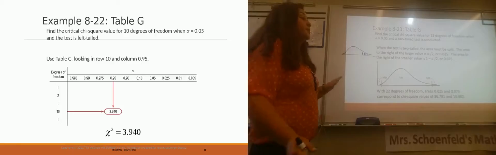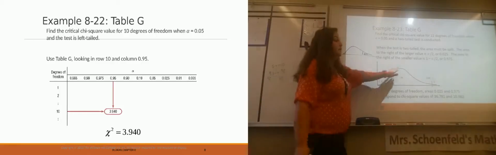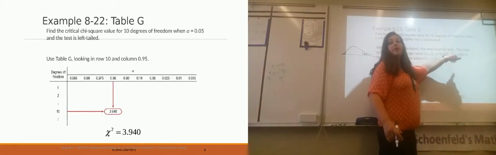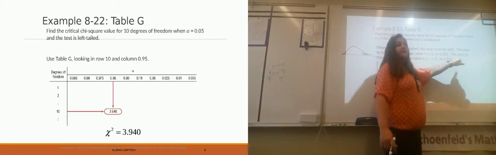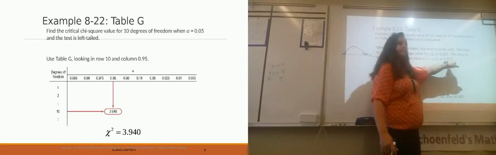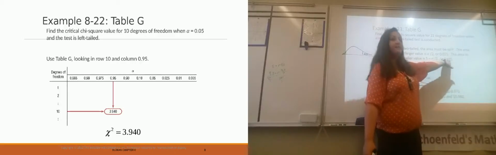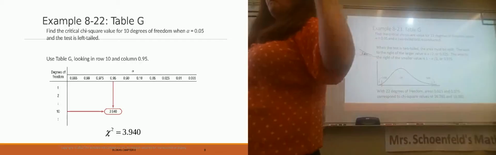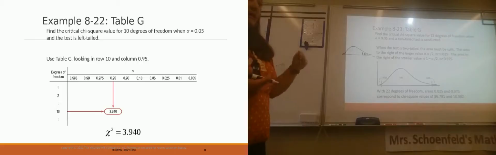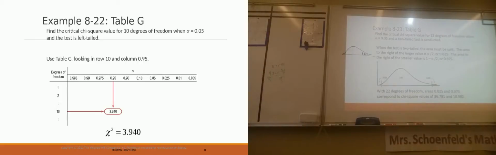So what we're going to do, instead of 0.025, is 1 minus 0.025, so you have to find 0.975. Those are the two numbers you're finding. For 22, is it 10.982? Yep. Okay, so just be comfortable finding those guys.